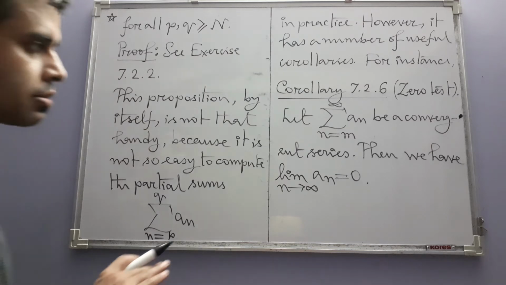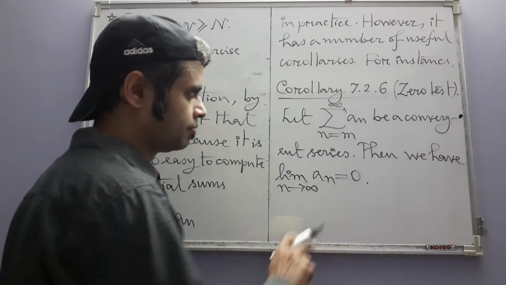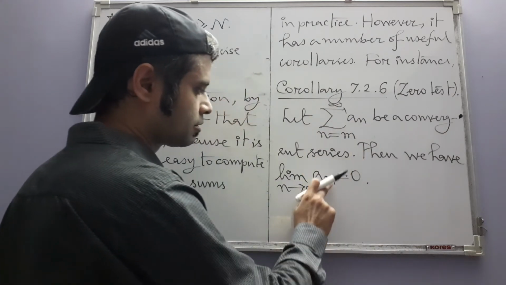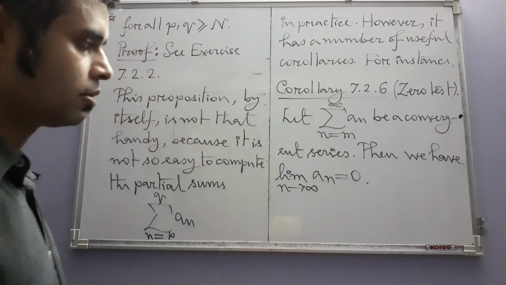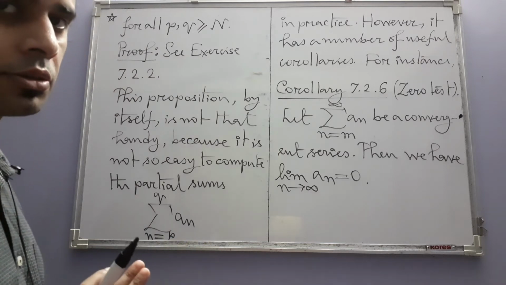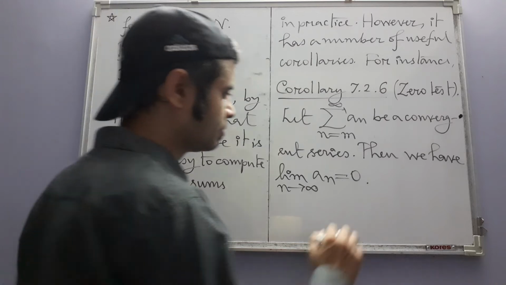Keep in mind, it's only in one direction. If the series is convergent, then the sequence of its terms converges to 0. The converse, however, is not in general true.